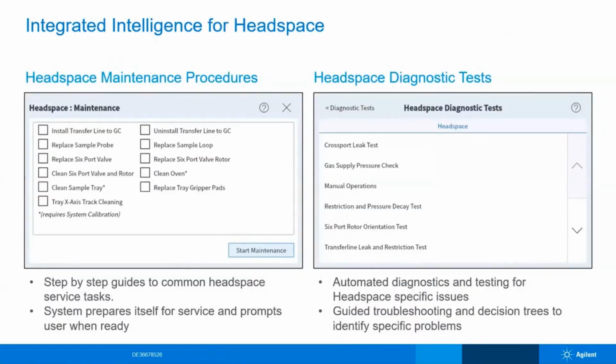So with Headspace, there are some very specific maintenance procedures that can sometimes be new or challenging to an inexperienced operator, either someone who maybe is more used to liquid sampling or who is just new to the technique altogether.